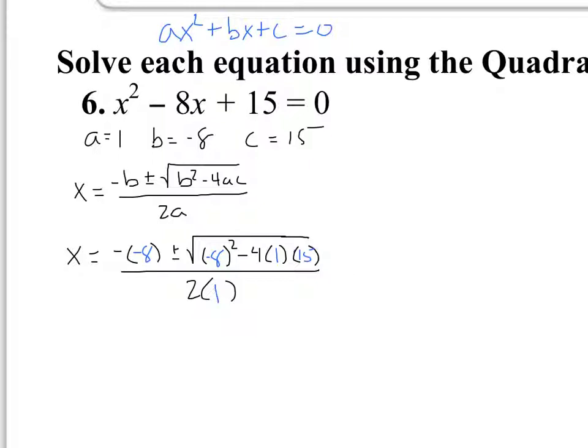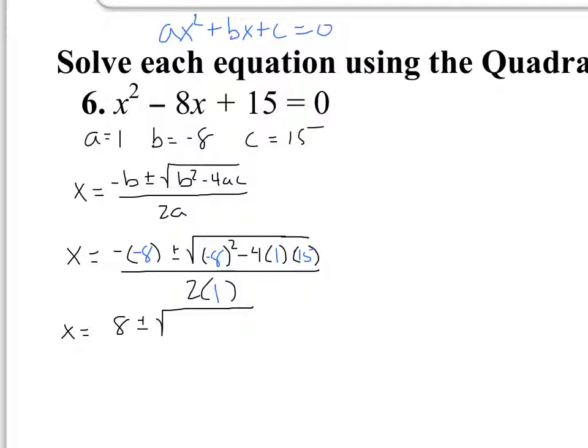This is again where it becomes very important to have those parentheses. Because right here, we no longer have negative 8. It's now going to be positive 8 because we have negative of negative 8. Two negatives make a positive. X equals 8 plus and minus the square root.